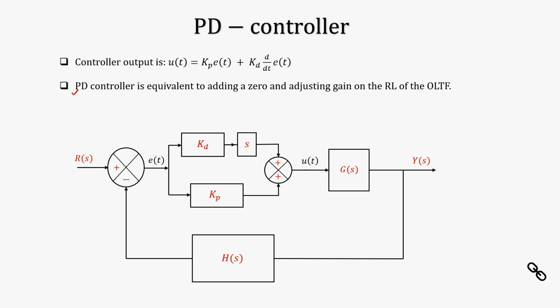Suppose you want to design a PD controller. Of course, there will be a question: when do I have to design a PD controller? All those questions will also get answered, but what is the use of each of these controllers, proportional and derivative? We will discuss that in today's lecture, but let me first explain it from the root locus point of view. When you are designing a PD controller, the controller will have a 0 and a gain parameter.